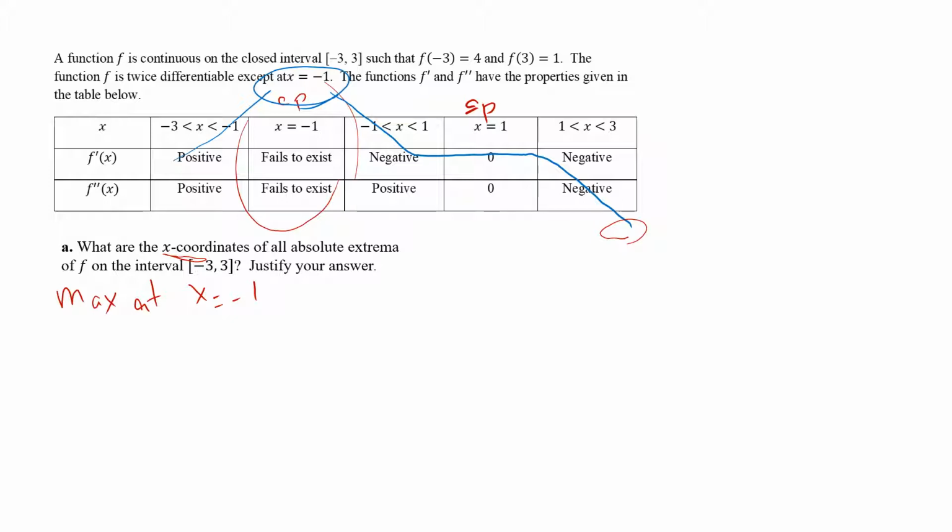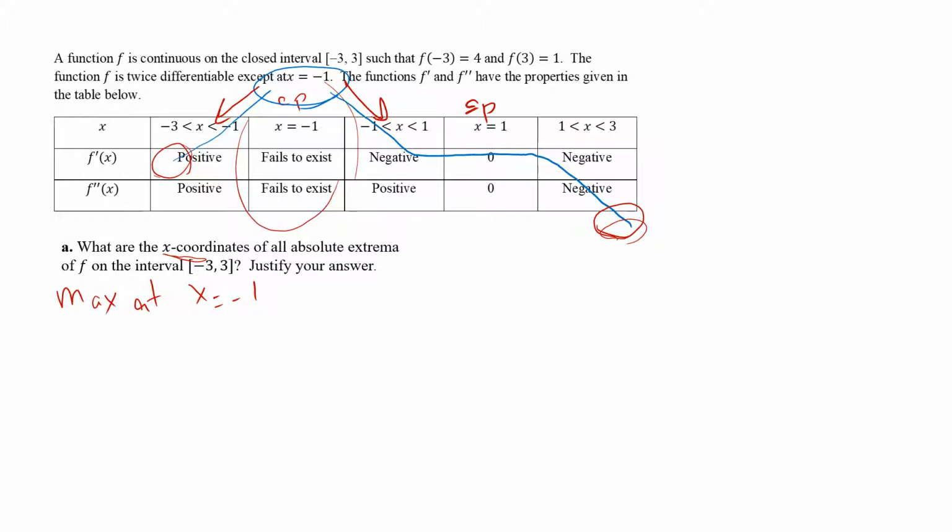How could we find out where the minimum actually is? Well, by what we're looking at, it's going to be one of our two endpoints, because from the maximum, we'd be going down all the way to the end of the interval in either direction. So the minimum was going to have to be one of the endpoints.